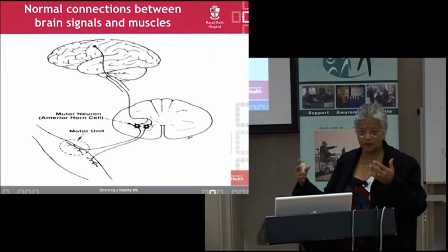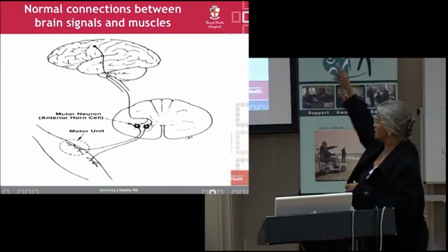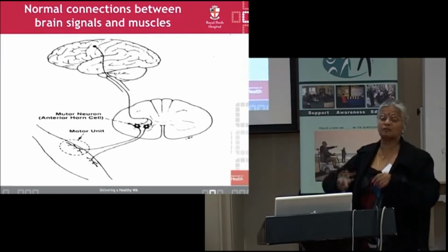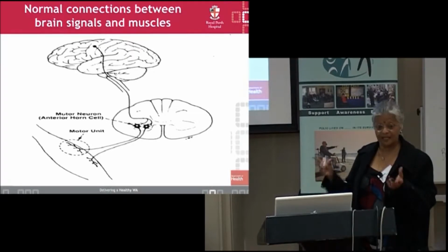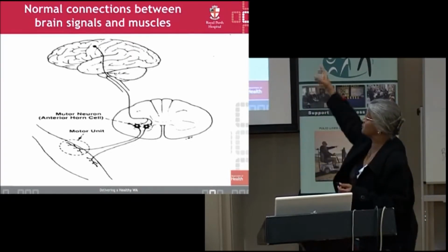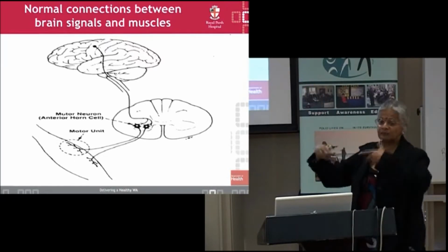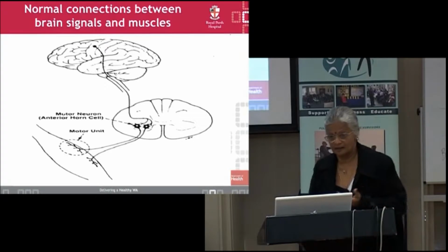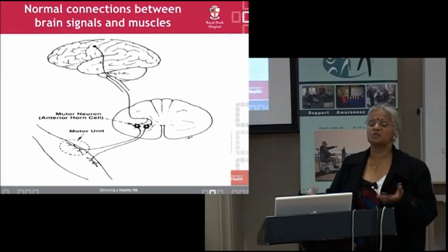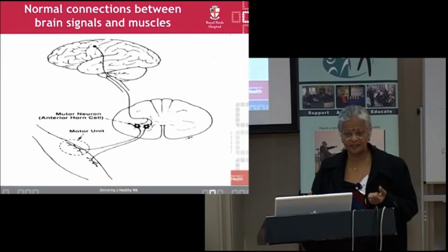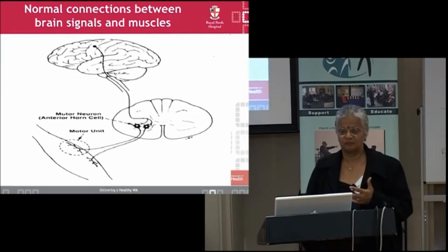So please understand that's how the brain works. Signals must come down to the muscle to keep the muscle growing and active. Equally, signals must go up roughly the same way to the brain so that the nerve is kept stimulated. Okay? So both the nerve and the muscle must be stimulated for both to be active.